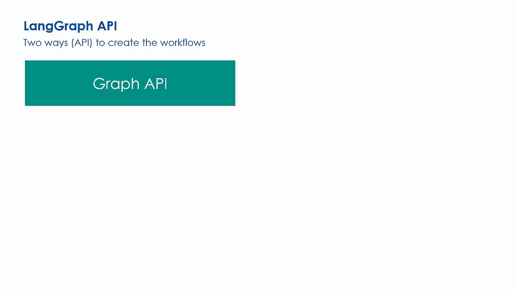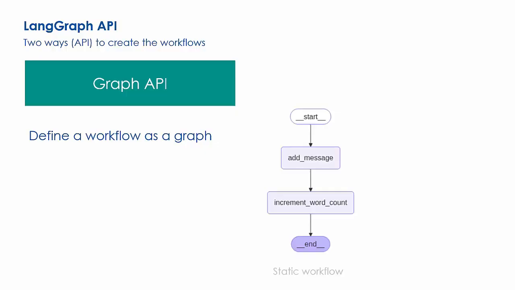The basic idea behind the LangGraph Graph API is that workflows and agents can be modeled as graphs. Here is an example of how a simple static workflow as a graph looks like. This workflow executes two tasks in sequence.